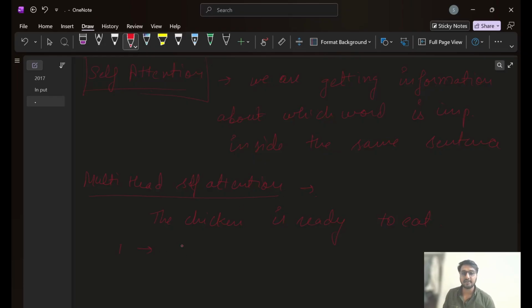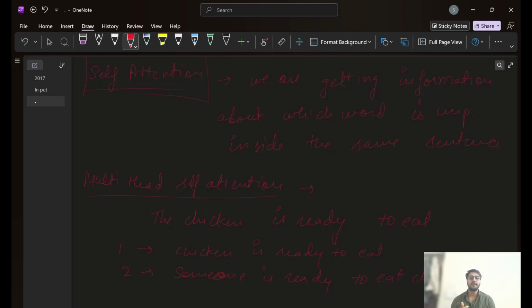Perspective one is that the chicken is ready to eat, or someone is ready to eat chicken. Self-attention cannot understand the two perspectives of the same sentence.